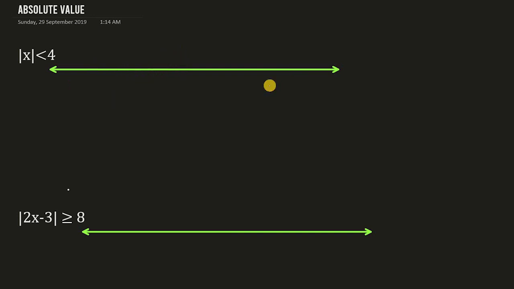Bago tayo mag-number line sa absolute value, meron tayong dalawang process. Una, kailangan natin yung x natin, tanggalin natin yung absolute value, x is less than 4. That's the first process. Kopyahin lang natin to, tanggalin lang natin yung absolute value.